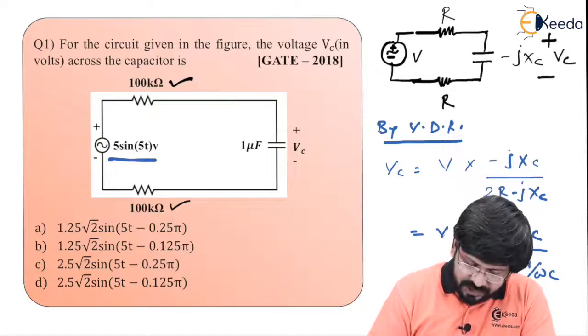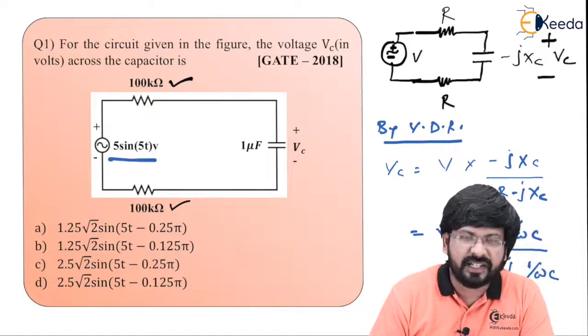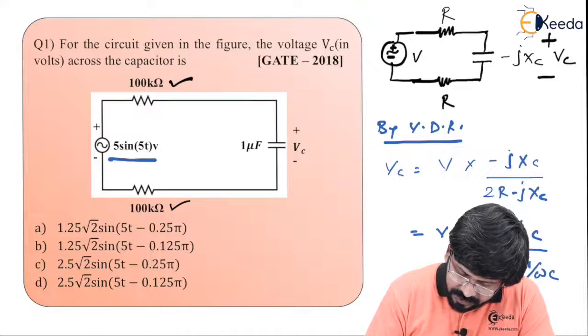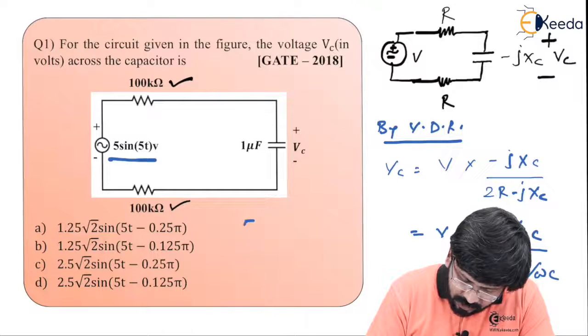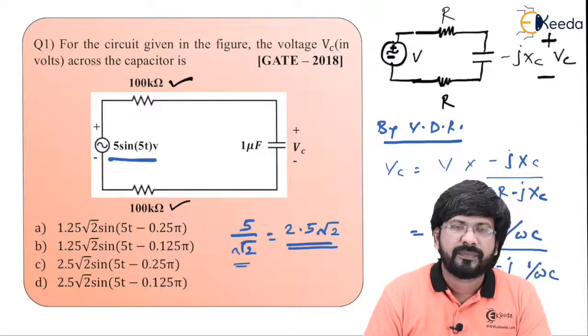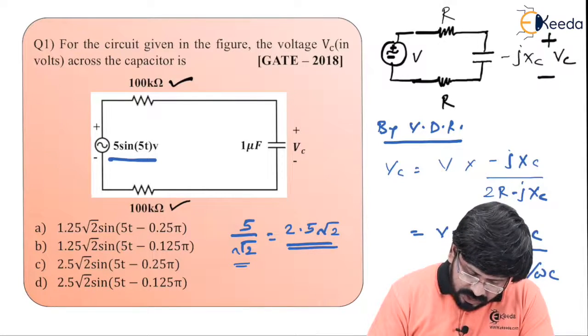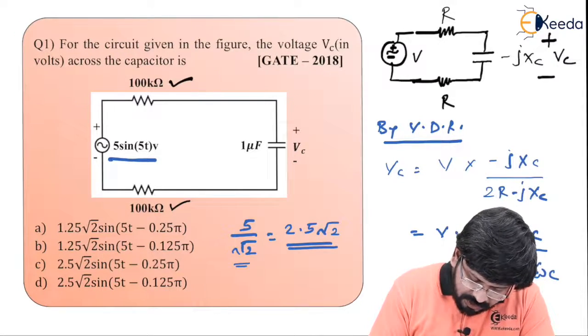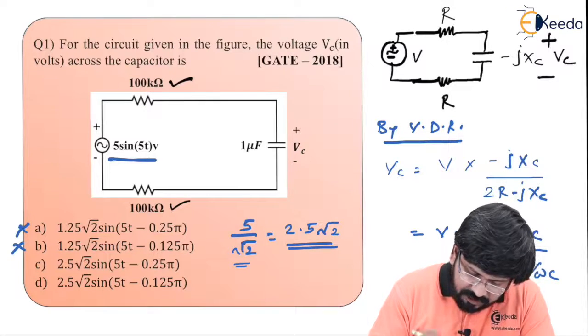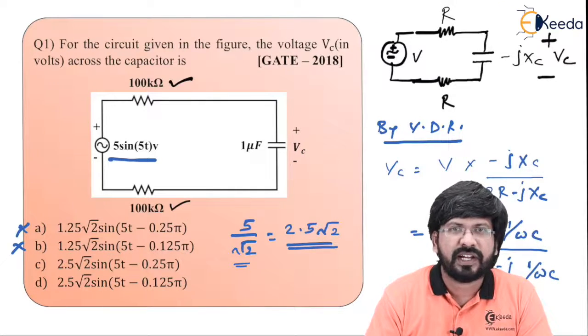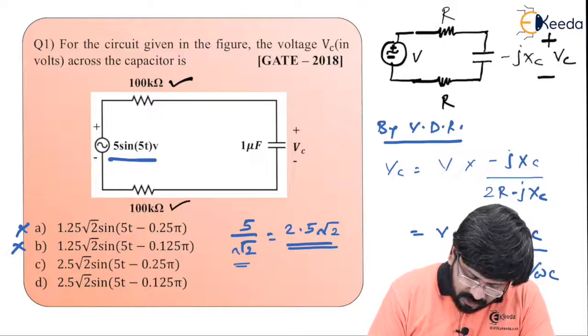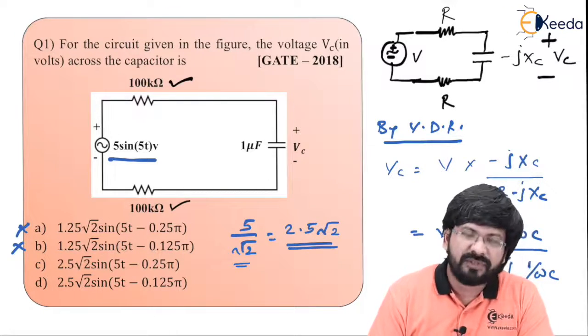If you compare the options, you will not find the exact answer. What we have is 5 by root 2, which is equivalent to 2.5 root 2. So options A and B can be eliminated on the basis of the final magnitude. C or D has to be the answer.